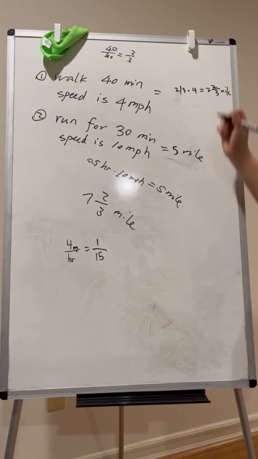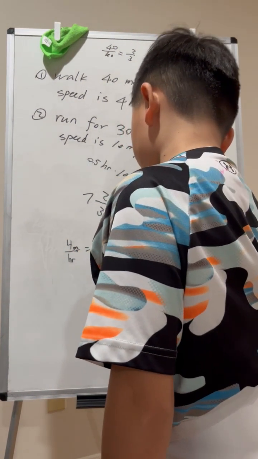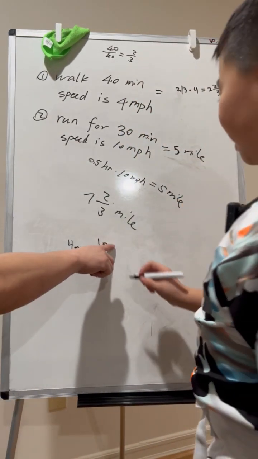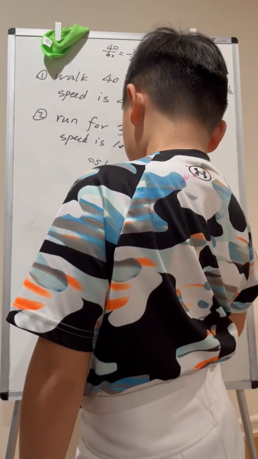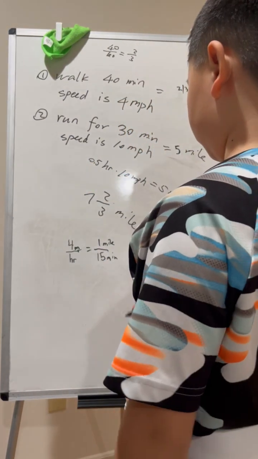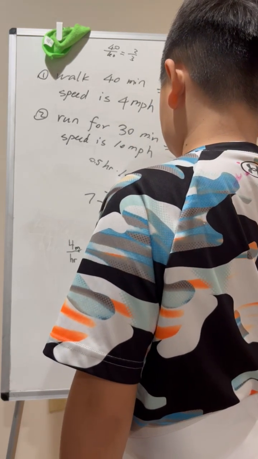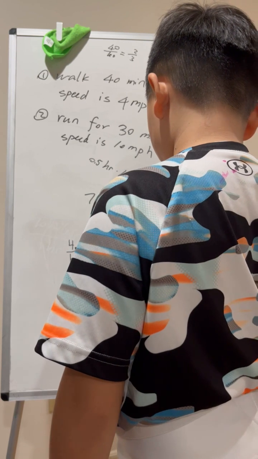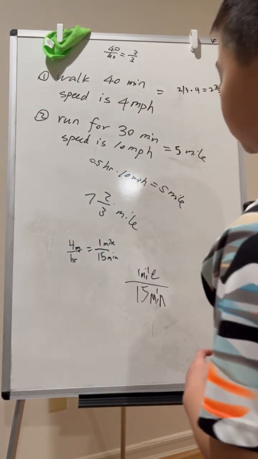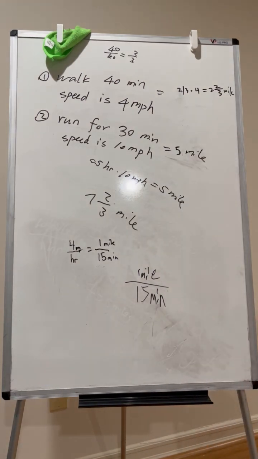Unit is important. So 1 what? It's all M, so you need to write mile and minute. So 1 mile per 15 minutes. Each minute, how long do you travel? A 15th of an hour.